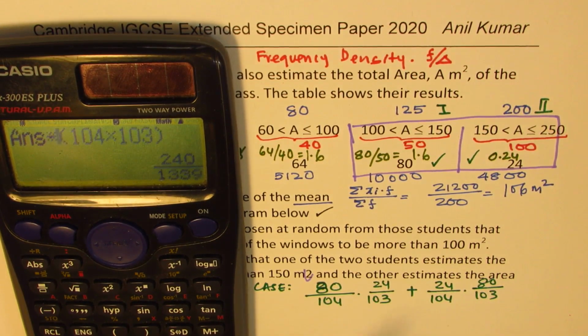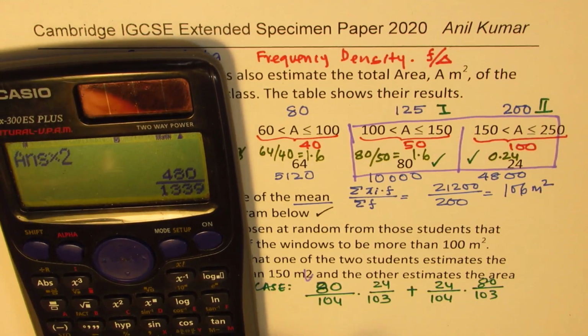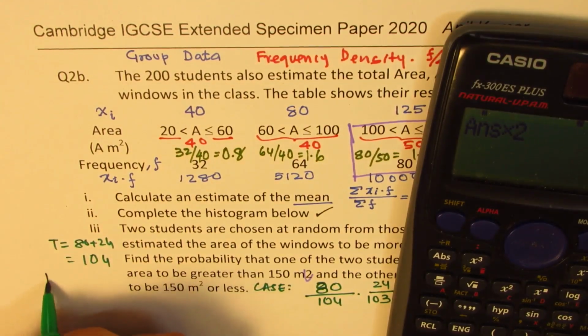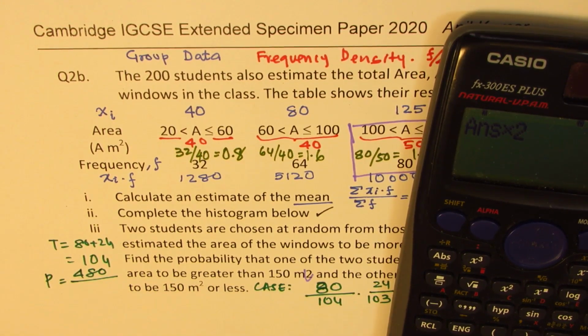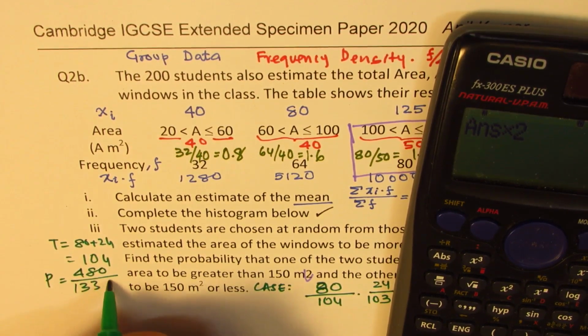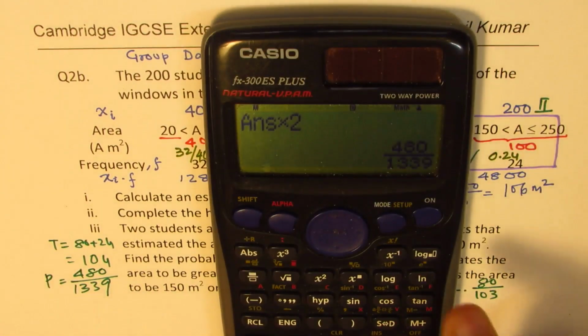And then we are going to multiply this by 2 to get our answer, since it could be either way, right? We get 480 by 1339. So the answer, probability in this case, is 480 divided by 1339. So that becomes the probability.